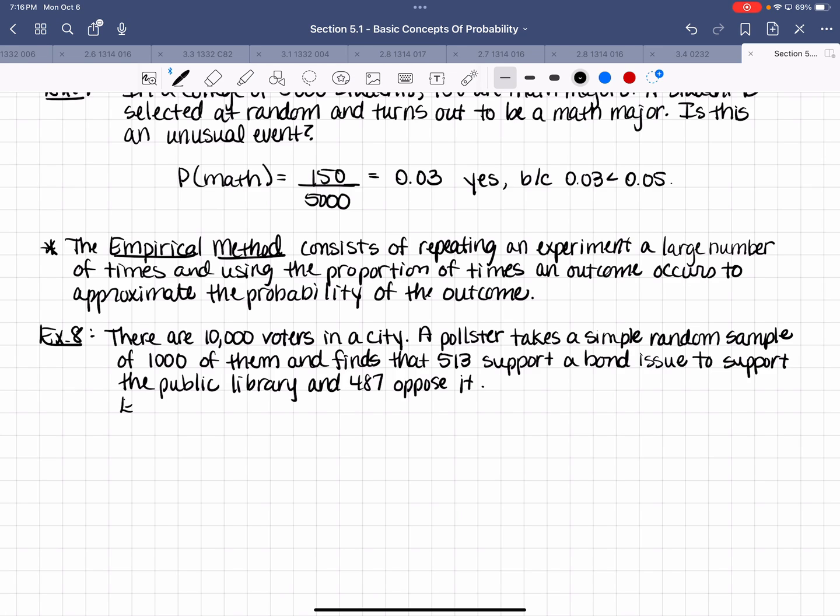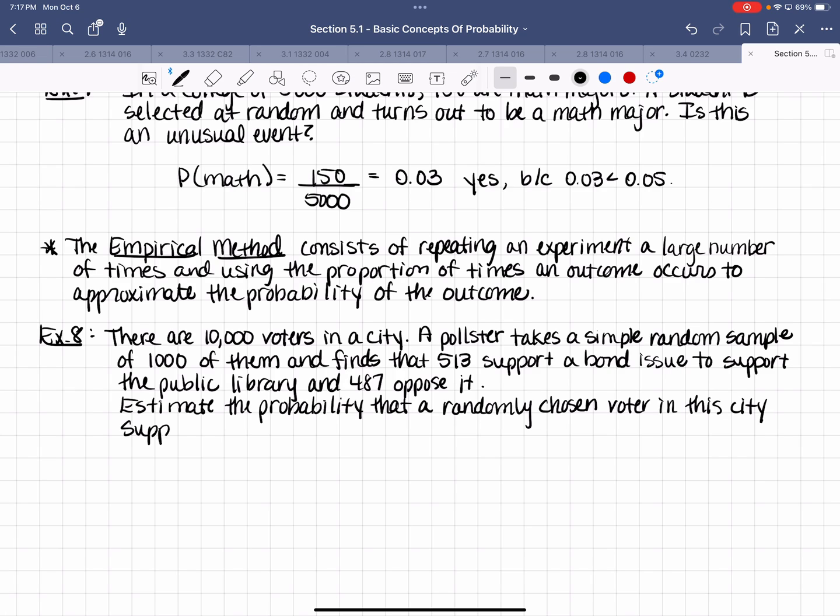Estimate the probability that a randomly chosen voter in this city supports the bond issue.